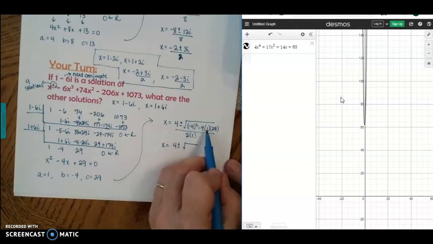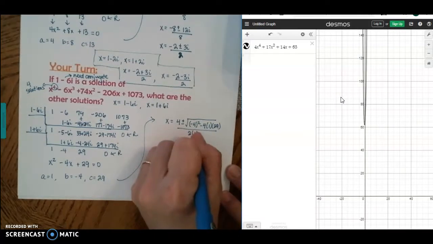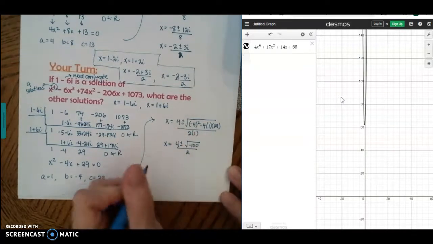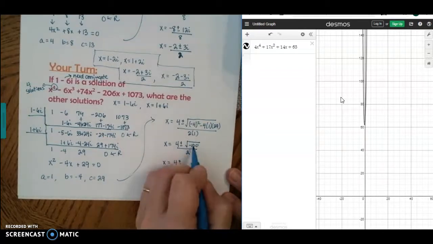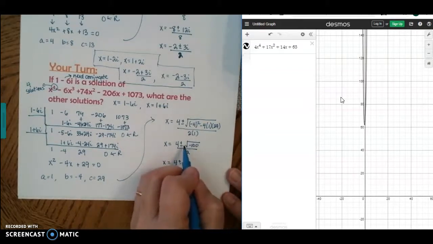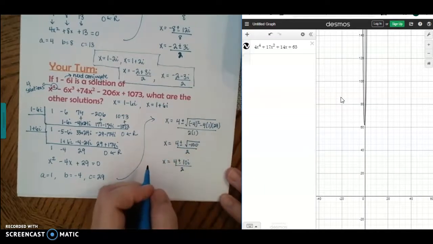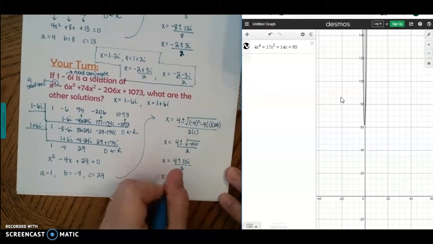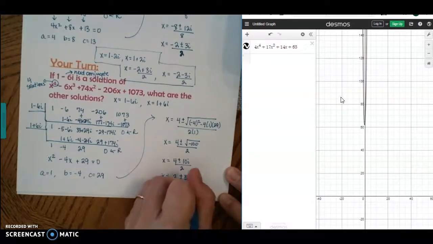When I do negative 4 squared minus 4 times 29, that's going to give me negative 100 under the radical. So the square root of 100 is 10, and then you take the negative out for i, so that's 10i over 2. So then we can divide both pieces of the numerator, so that's going to be 2 plus or minus 5i when we simplify it.